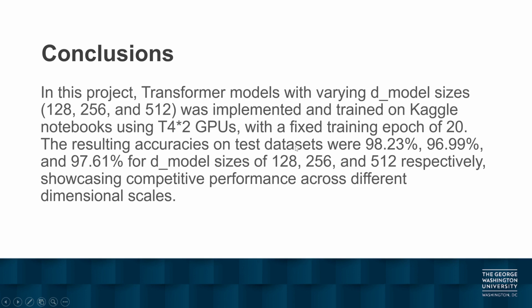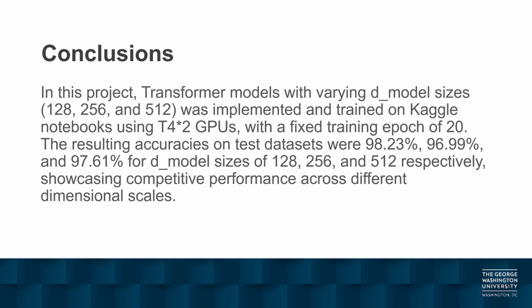So as a conclusion, the transformer models with varying model sizes like 126, 256, and 512 were implemented and trained on Kaggle Notebook using two T4 GPUs with a fixed training epoch of 20.